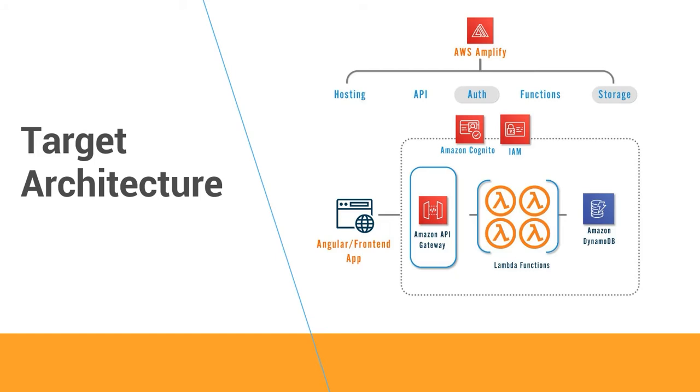Under auth, you have Amazon Cognito and IAM, which secures your entire infrastructure. And for storage, we use Amazon DynamoDB. Now, the API and functions will be our middle layer, which connects everything and completes the end-to-end solution. And that's what we'll get to in part 3. But for now, auth and storage is what we'll work on.